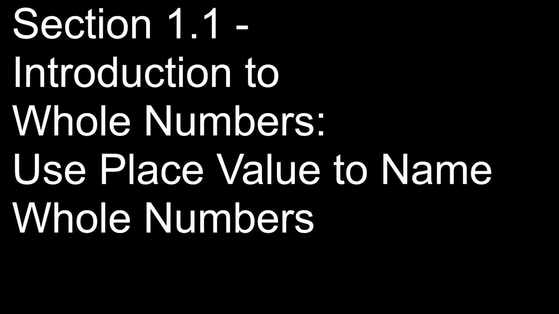Hello everyone, and welcome to this video in which I'll be reading through the OpenStax.org textbook called Prealgebra, second edition, and specifically I'll be reading through section 1.1 titled Introduction to Whole Numbers, and I'll be going through the part of this section with the heading Use Place Value to Name Whole Numbers.